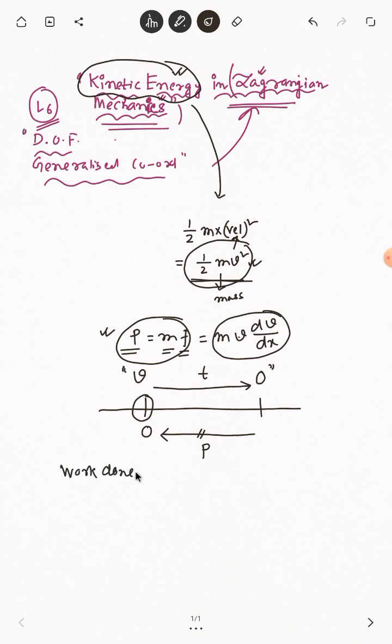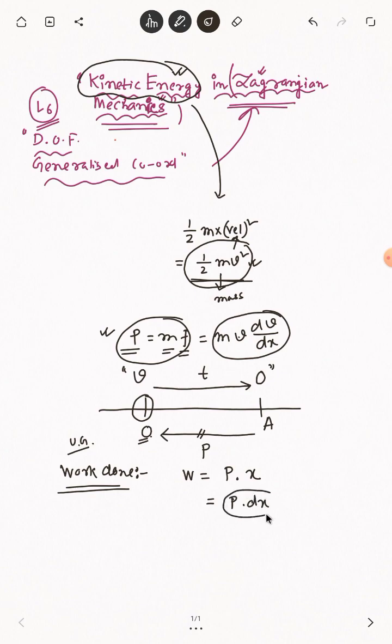Now one important thing to realize in Lagrangian mechanics is work done. We should briefly revise it from our previous classes of say UG level, where work done was defined whenever a point moves from O to A, that is from a particular position to another, with the help of some force, then work done is defined as W equal to that force P dot X, and if this is a small amount of work done, then P dot dx.